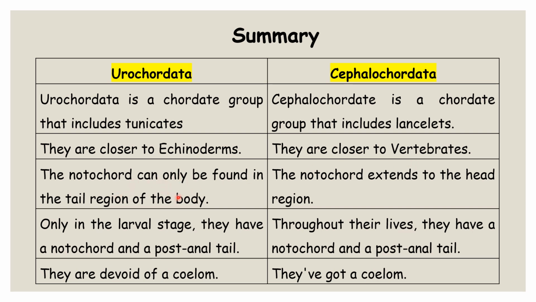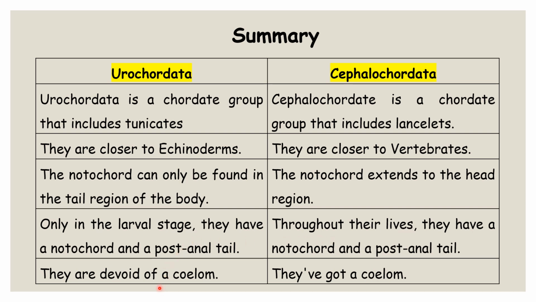In urochordates, the notochord is found only in the tail region of the larva. In cephalochordates, the notochord extends from head to tail and is present throughout the lifetime.